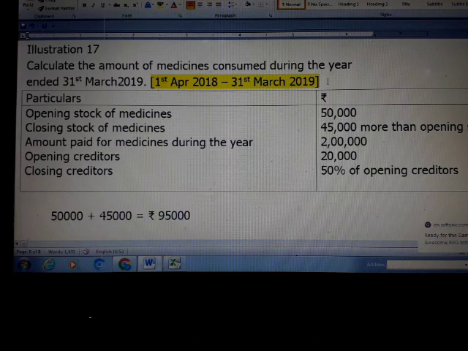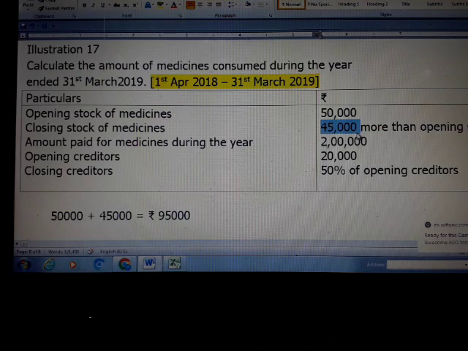But before that, if you read the question carefully, you will come to know the values that pertain to the respective items. The opening stock of medicine is rupees 50,000. That's not an issue. Whereas the closing stock of medicine is said to be 45,000 more than opening stock. That means 45,000 is not the amount of closing stock.